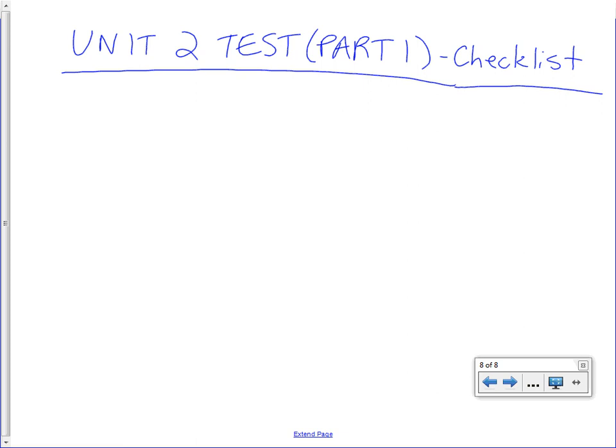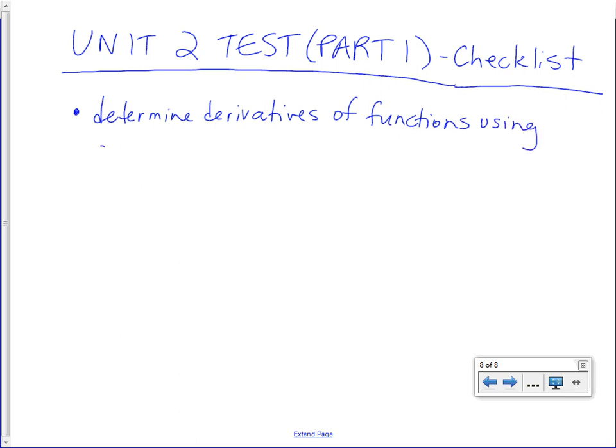I'm going to be really general about this. Be able to determine derivatives of functions using any of the rules studied.